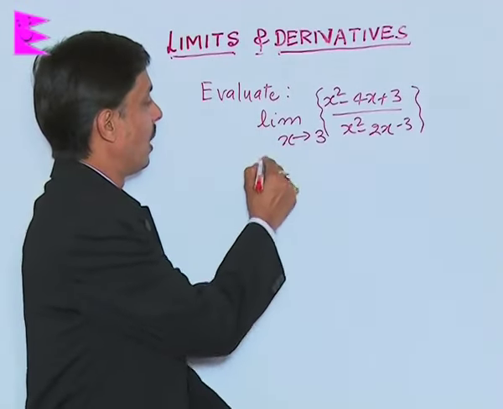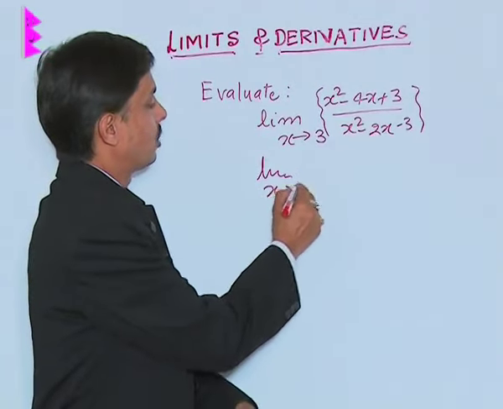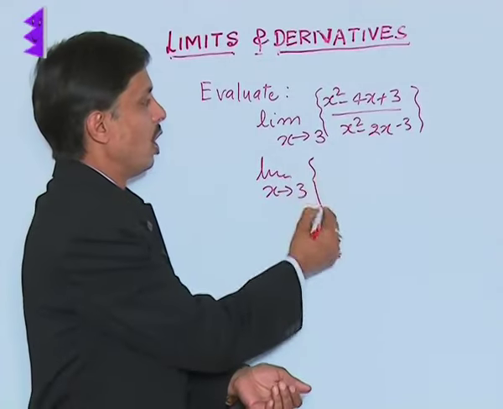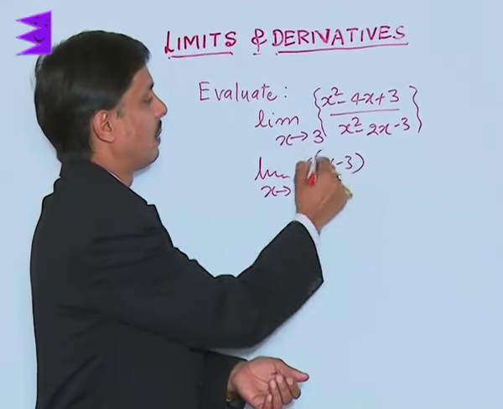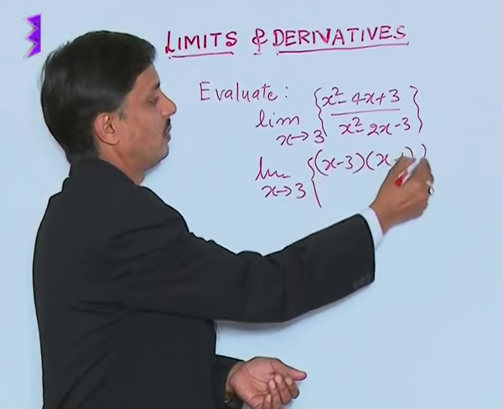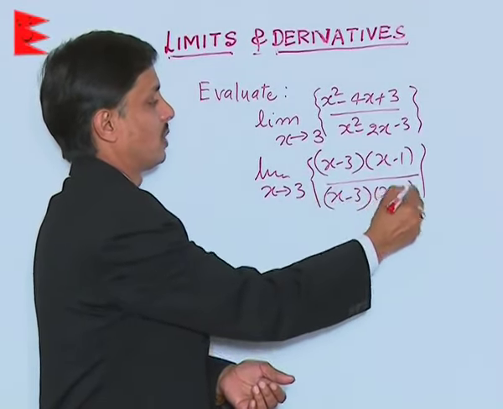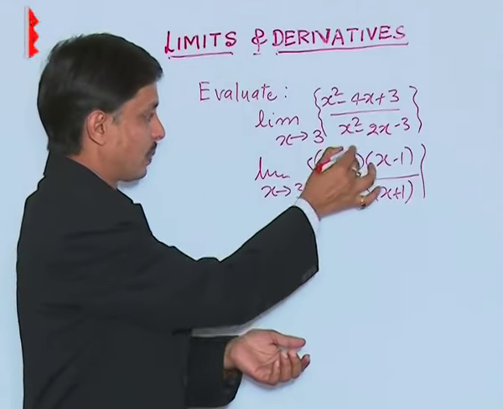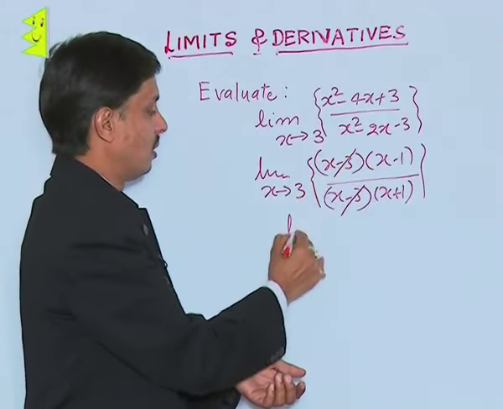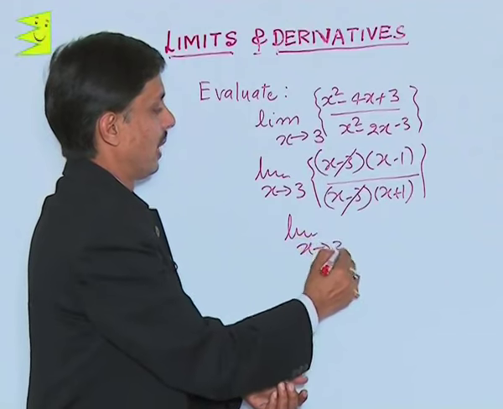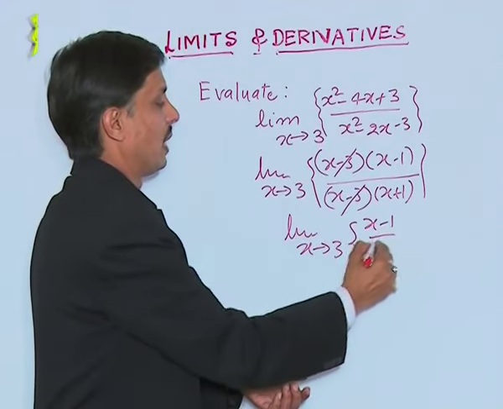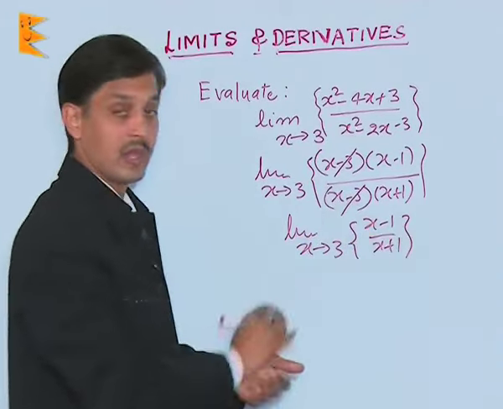Now we will operate like this: limit x tending to 3. Factors of the numerator will be (x minus 3) into (x minus 1), and in the denominator it will be (x minus 3) into (x plus 1). This x minus 3 and x minus 3 is common, so we will write limit x tending to 3, (x minus 1) upon (x plus 1).